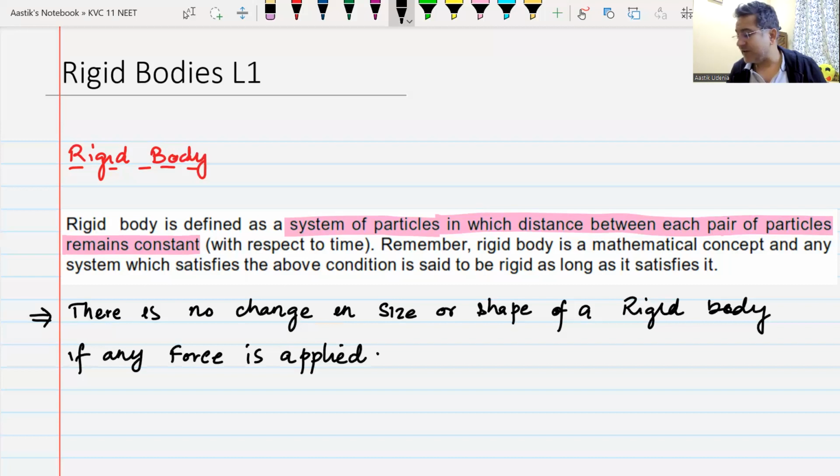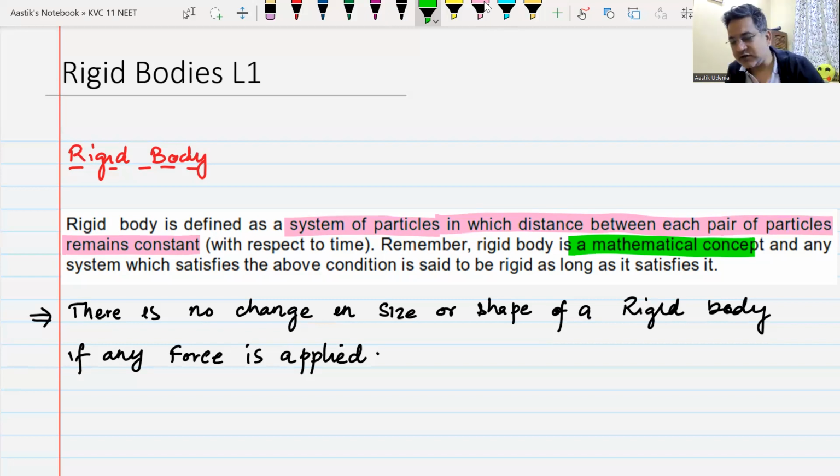So basically, what we have to understand is it's a theoretical or mathematical concept. It may not actually exist, but in this chapter, we are going to imagine that all the bodies that we are going to deal with are rigid bodies.